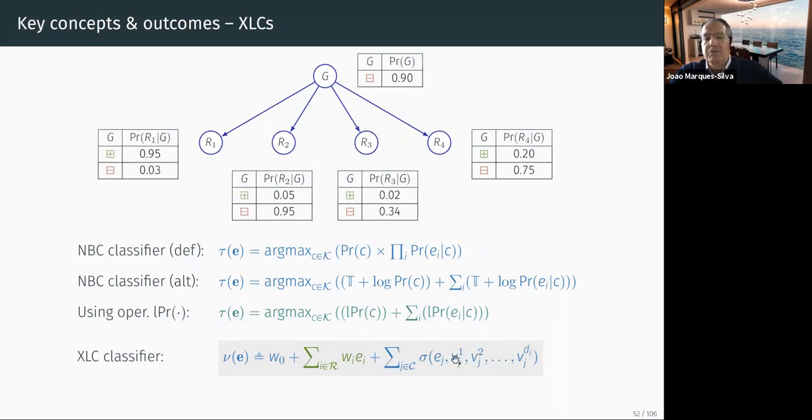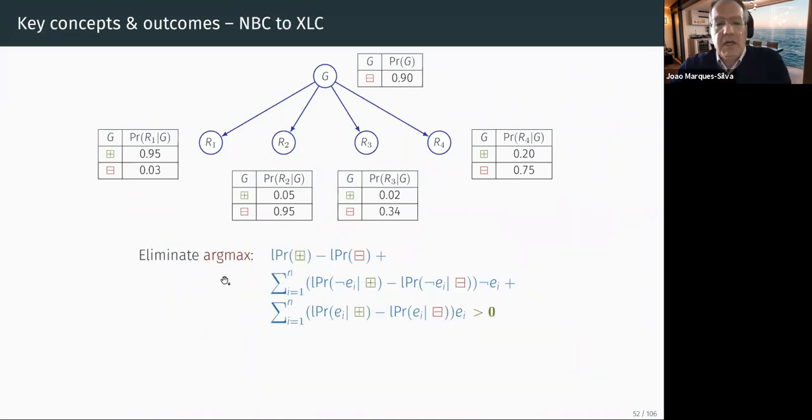So I have only 2 values. If it's 0, I pick this one. If it's 1, I pick this one. Okay. And what I'm going to show you is that I can go from this complicated expression with argmax to something which is going to be much easier to analyze, which is this XLC. XLC means extended linear classifier, because I can handle linear, and I can handle this extended part, which I use to model the naive Bayes classifier.